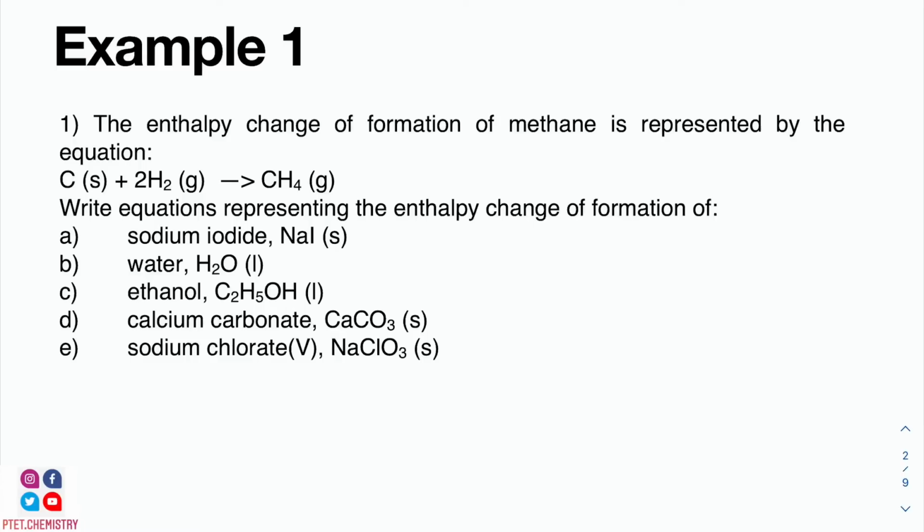So enthalpy changes of formation are defined as the enthalpy change when you form 1 mole of the substance. So it's very important that you are forming 1 mole of the substance and you are forming it from its elements. So all the elements that form that substance, all meaning to say both the reactants and the products, all in their standard state.